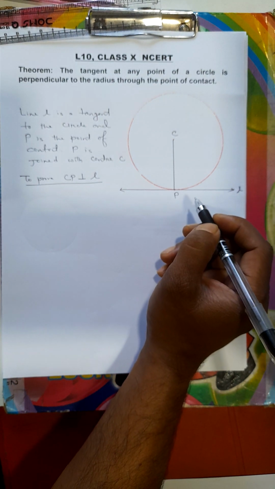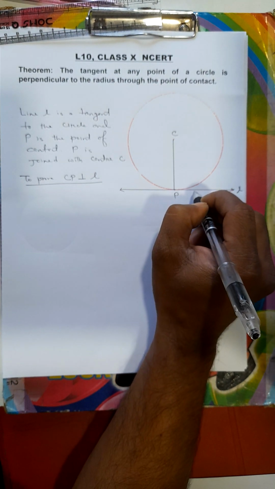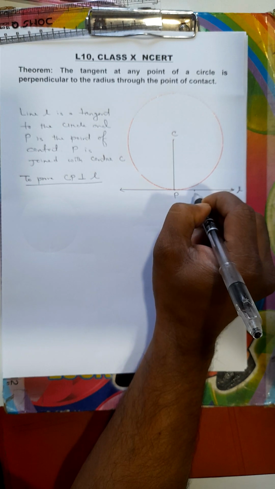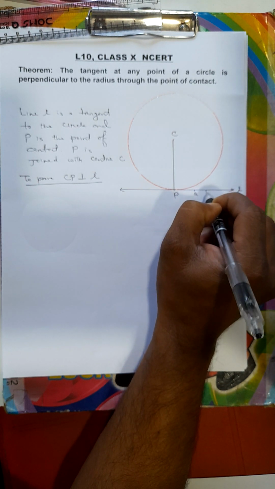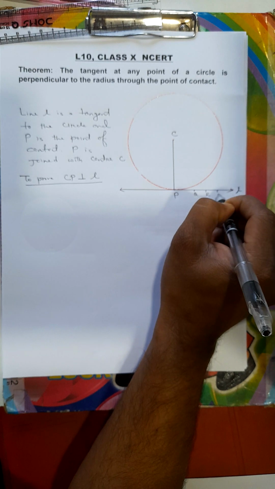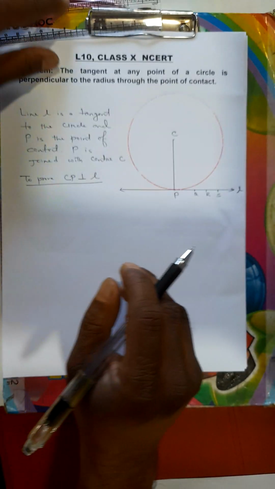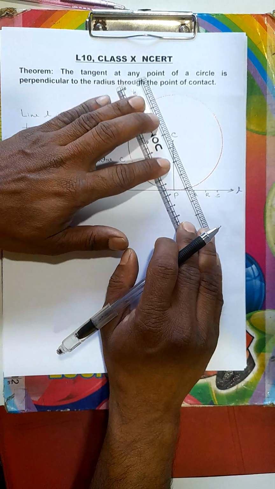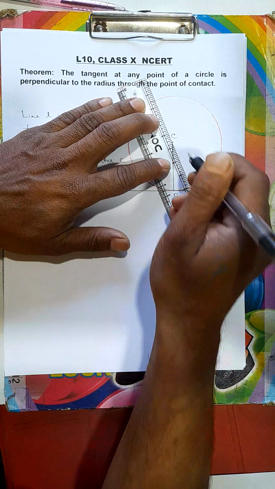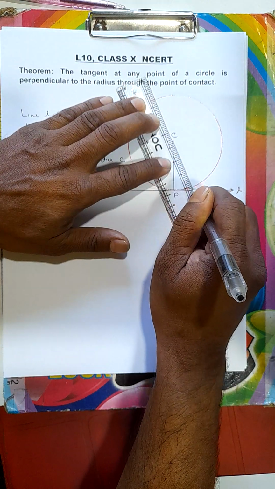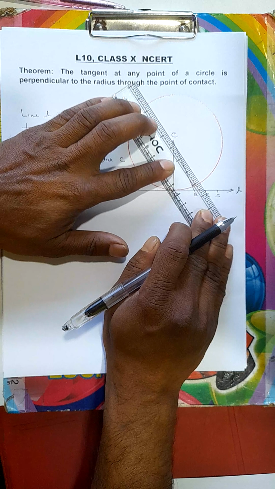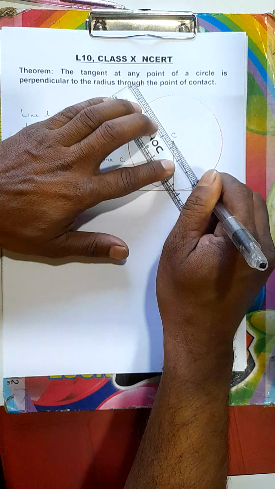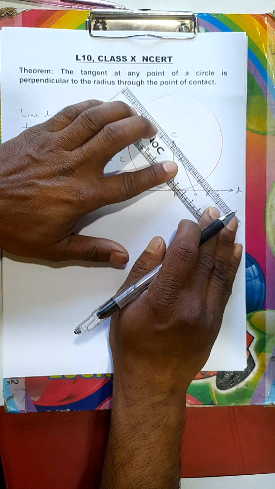Now let's take some points, say this is Q, this is R, this is suppose S. Now let us join CP, CQ, CR and CS.